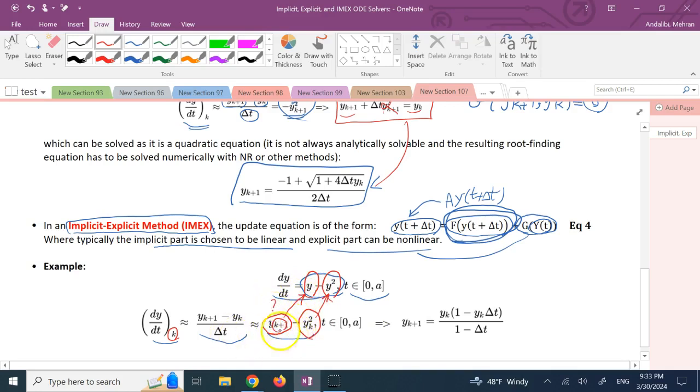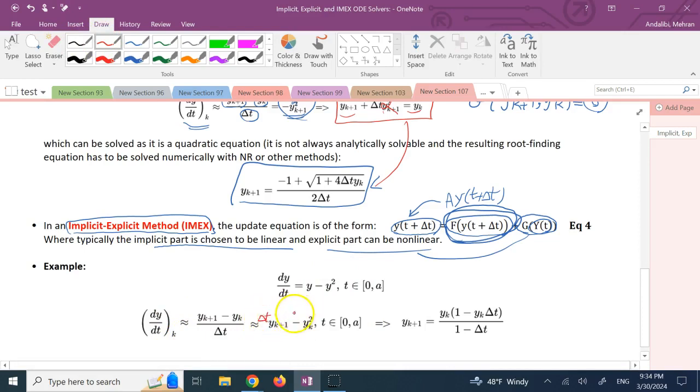Now, if you set these two equal, y_{k+1}, the unknown, appears only as a linear term, so you should be able to easily solve for it. All you need to do is multiply both sides by Δt.